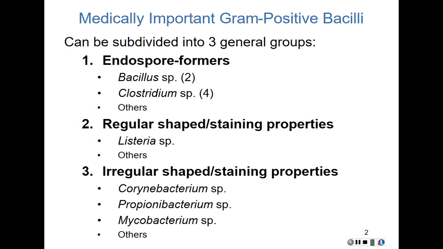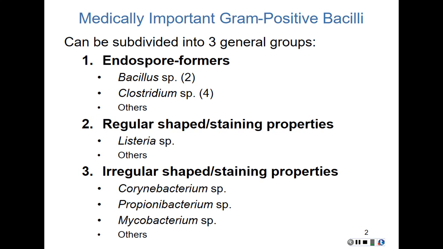And then within this group, number 2 category here is just your regular plain gram-positive bacilli. And then down here, there's something a little unique about these guys, either related to staining properties.